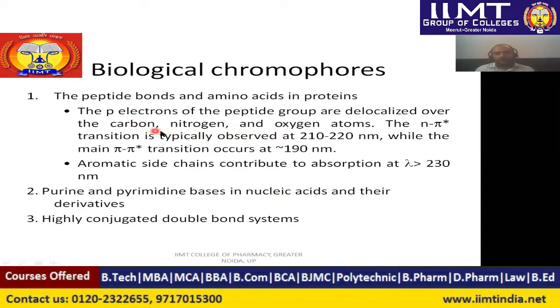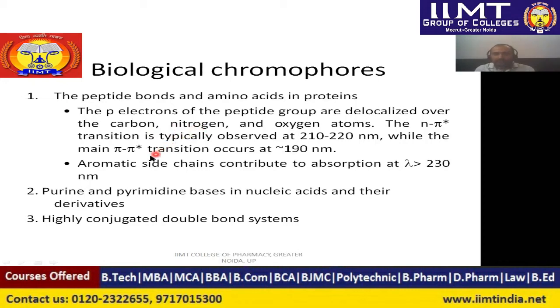Now we know that a particular bond is basically made up of the sharing of electrons between two atoms. Like in the NH bond, there is a sharing of one electron by the nitrogen and another electron by the hydrogen. Now the sharing of two electrons makes a single bond.